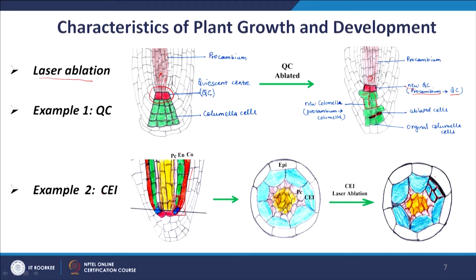We see that the cells in the inner pericycle layer get pushed in and take the place of the CEI. When they take this place, they undergo a periclinal cell division, and the cells which are outside now switch their identity and become cortex endodermis initial, whereas the cell which is inside retains its identity as pericycle cells.